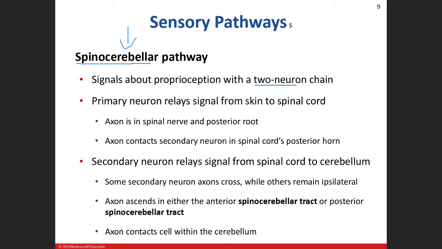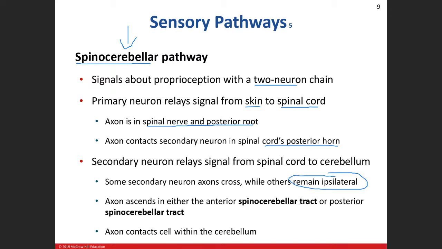The primary neuron always starts off in the periphery, in the skin, our fingertip, heads to the spinal cord, enters into the back portion of the spinal cord through the spinal nerve and the posterior root, and then it's going to synapse on the secondary neuron in the posterior horn. The thing you need to understand about the cerebellar tracts is that they are ipsilateral.